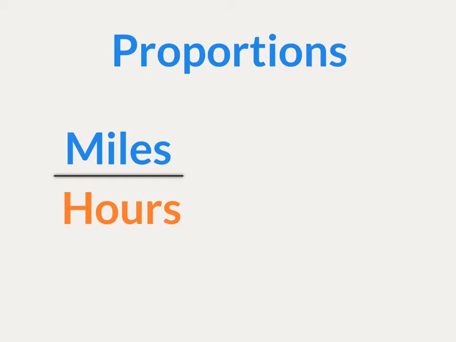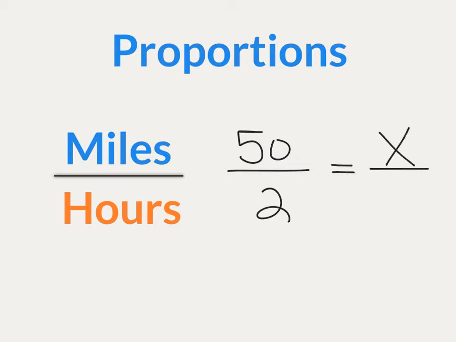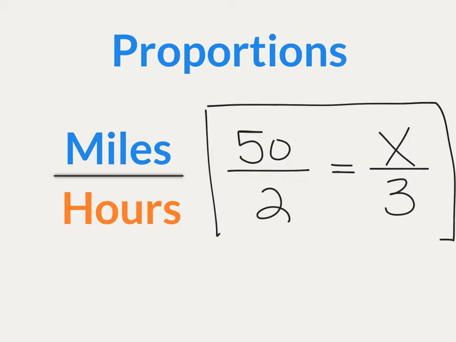For example, if I had 50 miles traveled in 2 hours, and I needed to know, well then, how many miles would we travel in 3 hours? I could simply set up a proportion, right? Two equivalent rates make a proportion. 50 miles in 2 hours would be equivalent to some number of miles in 3 hours.